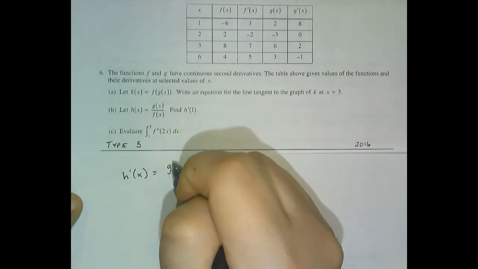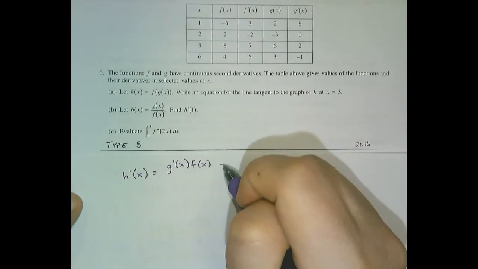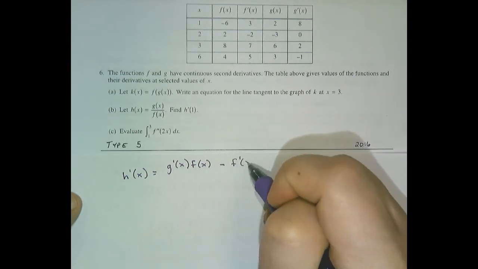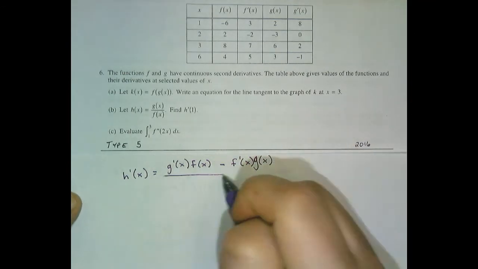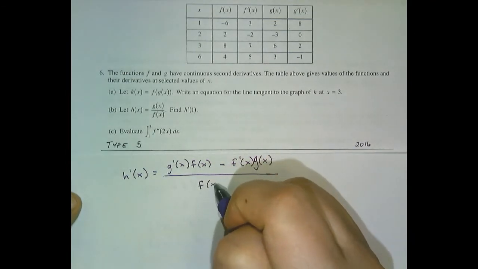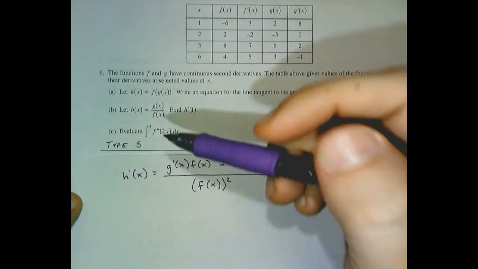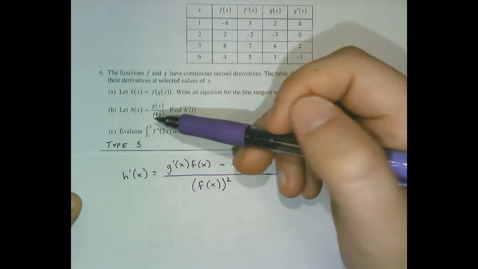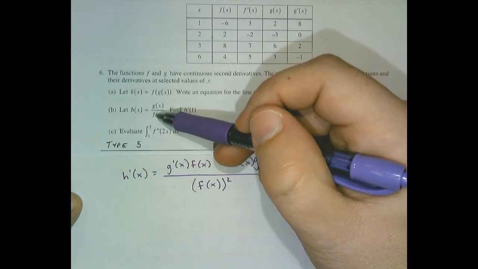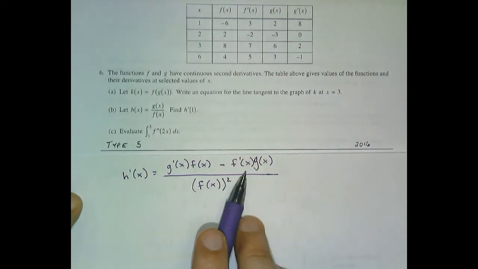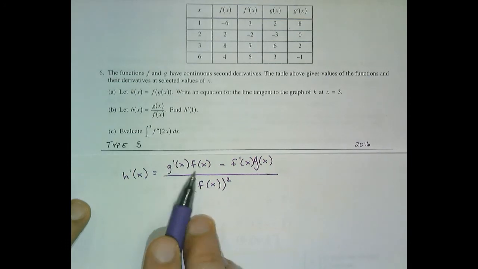So derivative of the top times the bottom minus the derivative of the bottom times the top, all over the bottom squared. And we want to pay attention to the fact that they put g on top and f on bottom. We do it less frequently that way in class, so be careful and don't go with our usual go-tos, but think about it as the derivative of the top times the bottom.